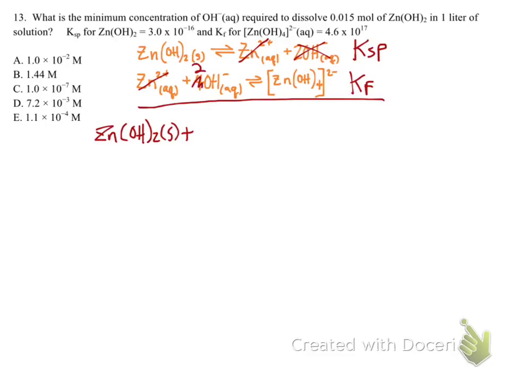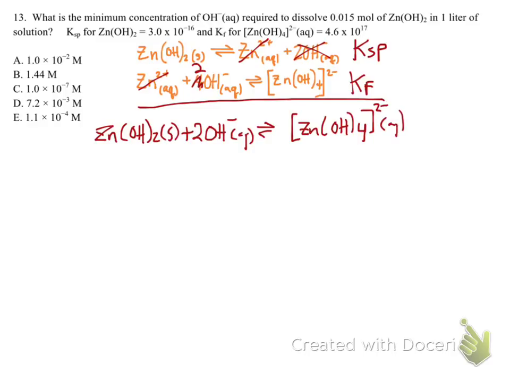This will become 2, so plus 2 hydroxides yields zinc hydroxide complex ion thingy, to use the technical term for it.